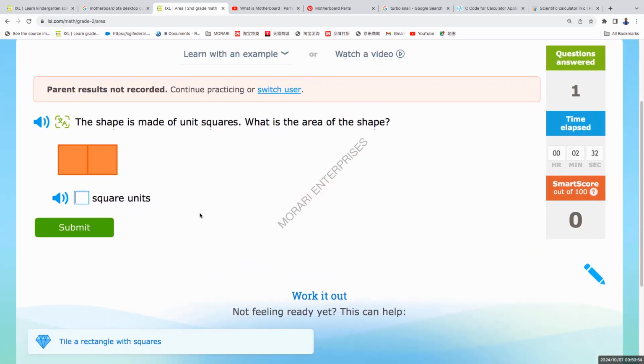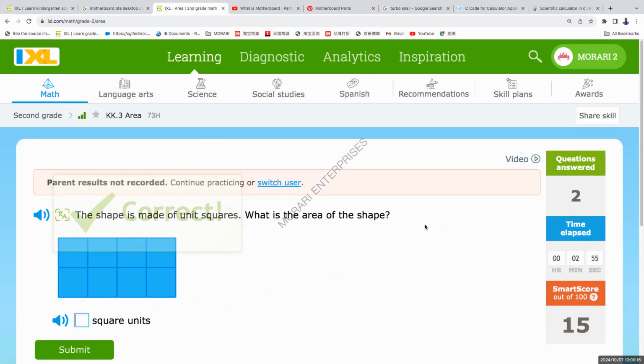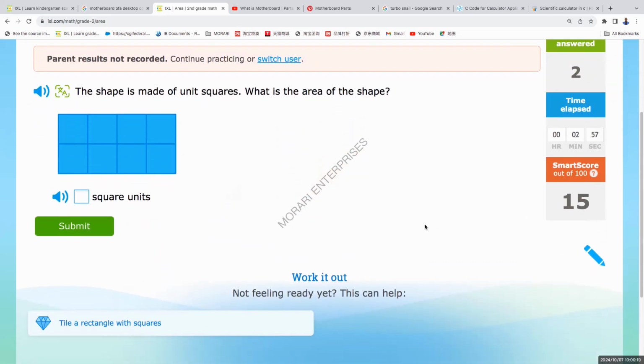We want to see more examples here. Read. The shape is made of unit squares. What is the area of this shape? 2 square units. Next. This shape is made of unit squares. What is the area? 8 square units.